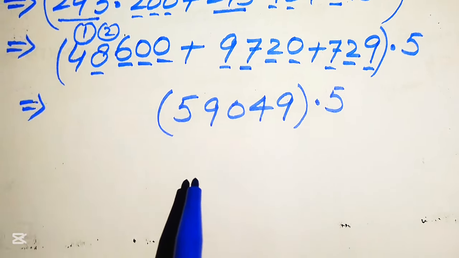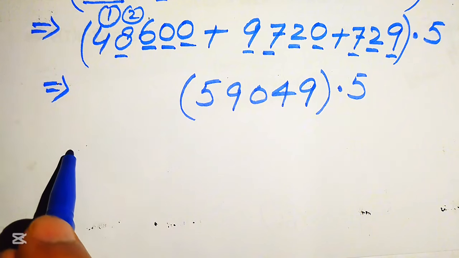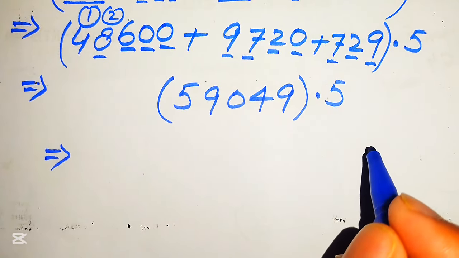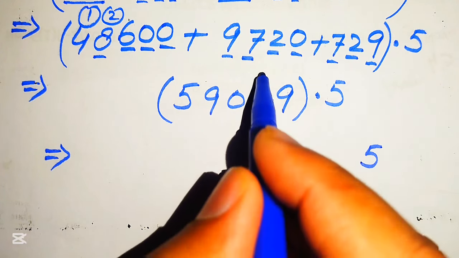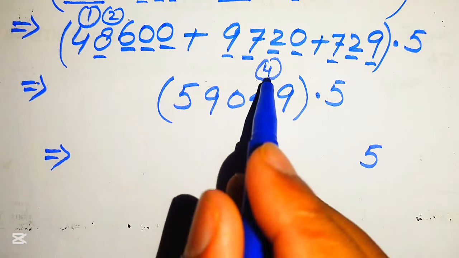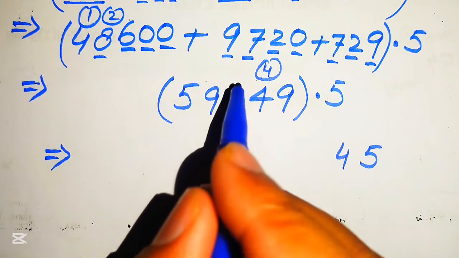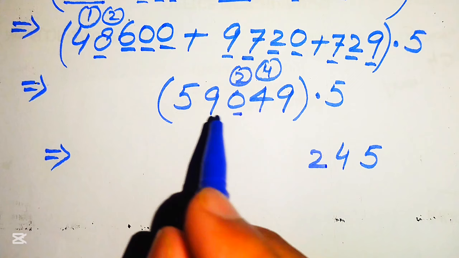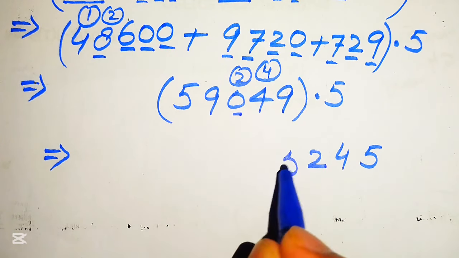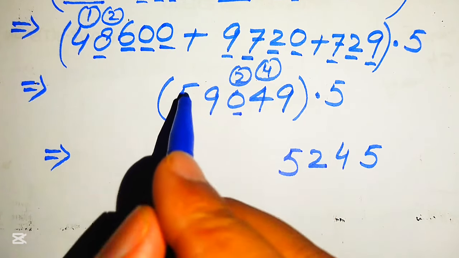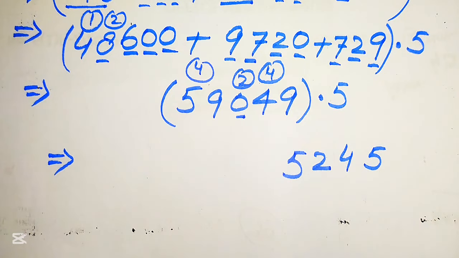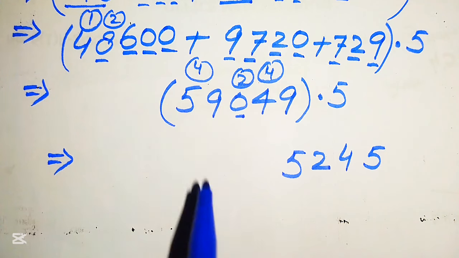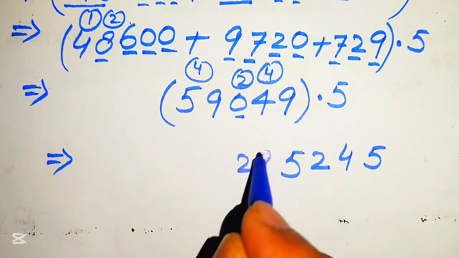Now we multiply 5 with this number directly. 5 9s are 45, we write 5 and carry 4. 5 4s are 20, 20 plus 4 becomes 24, we write 4 and carry 2. 5 zeros are 0, 0 plus 2 is 2. 5 9s are 45, we write 5 and carry 4. 5 5s are 25, 25 plus 4 equals 29.